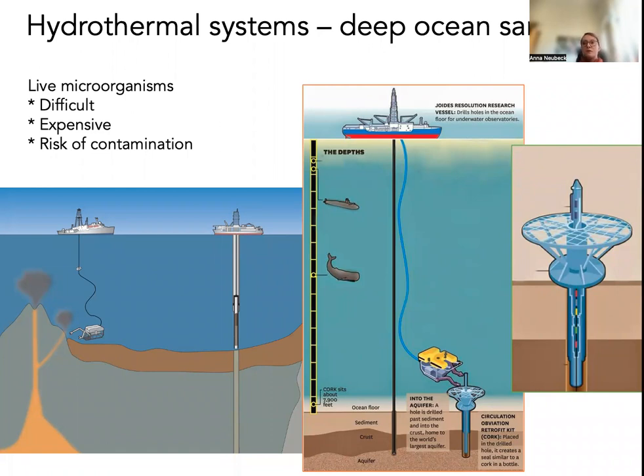So the samples that are taken up with this device, the cork, are much less contaminated, but it's still a very expensive and difficult sampling when you're sampling living organisms from the deep subsurface.